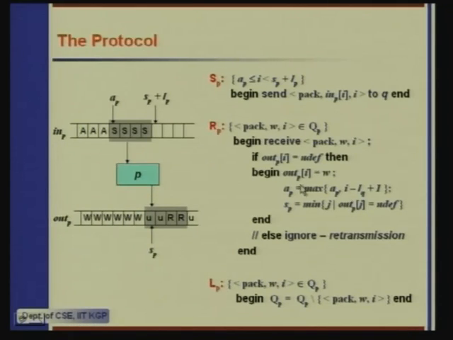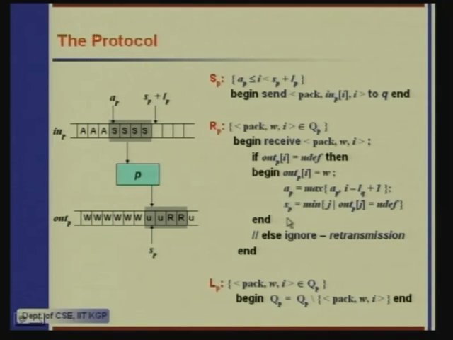How? When it gets some packet i and finds outP[i] is undefined, then it sets outP[i] equal to W, okay, and then it recomputes SP to be the minimum j such that outP[j] is equal to undefined.